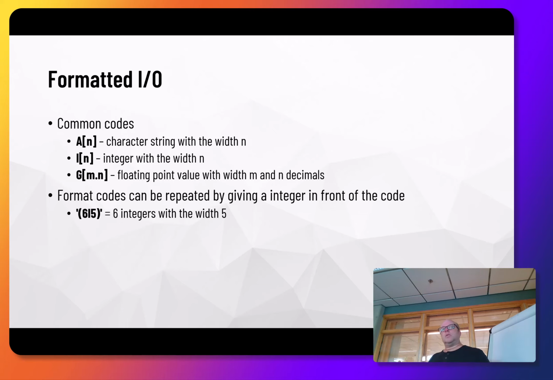In your formatting string, you can also say that you will output 6 values of the same type by putting a number before, so 6I5 here. That means I will output 6 integers with a width of 5. The formatting is a bit odd: you have the string delimiter, and then always a parenthesis in the string and an end parenthesis in the string.